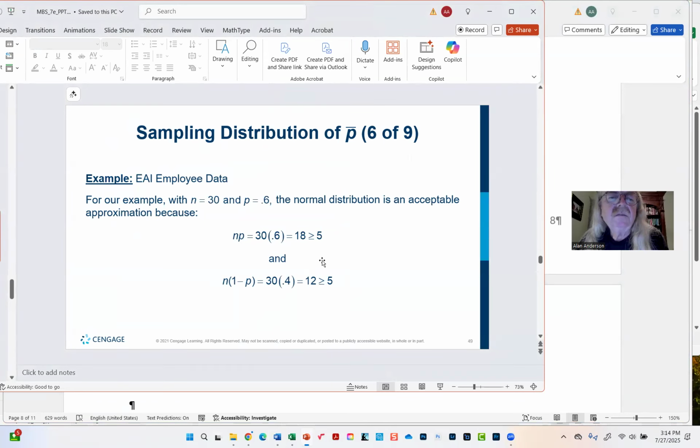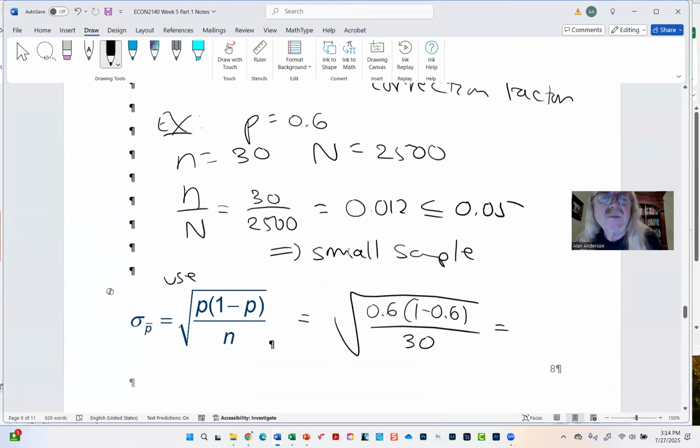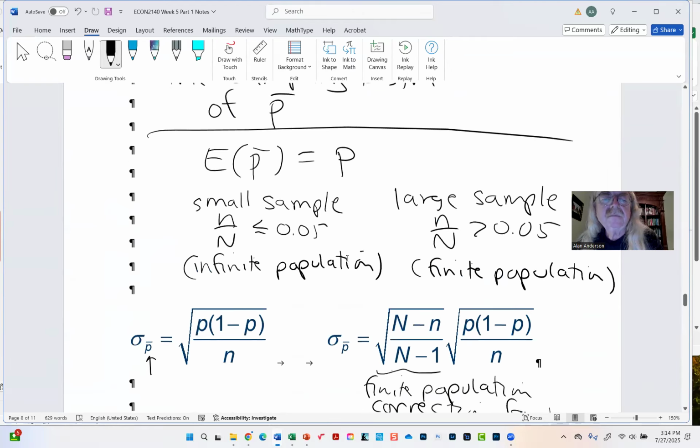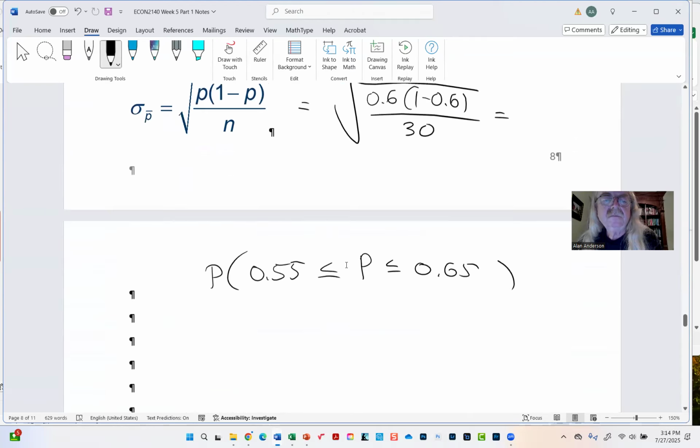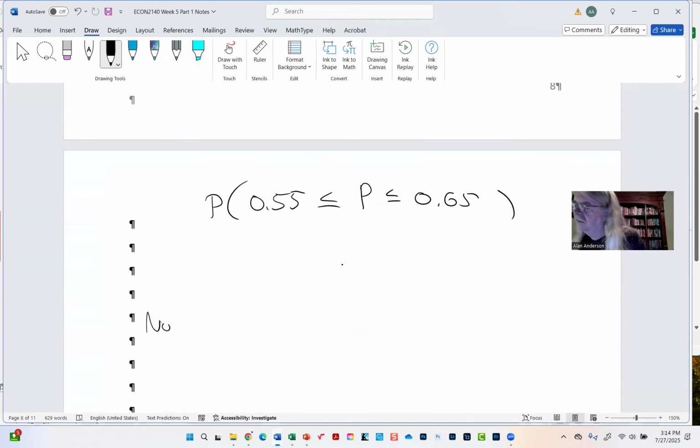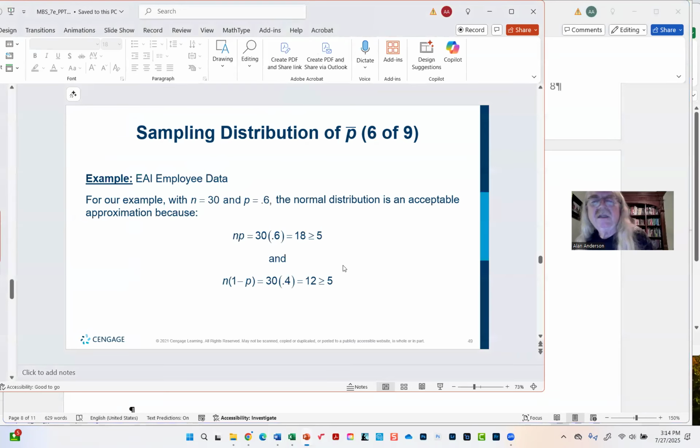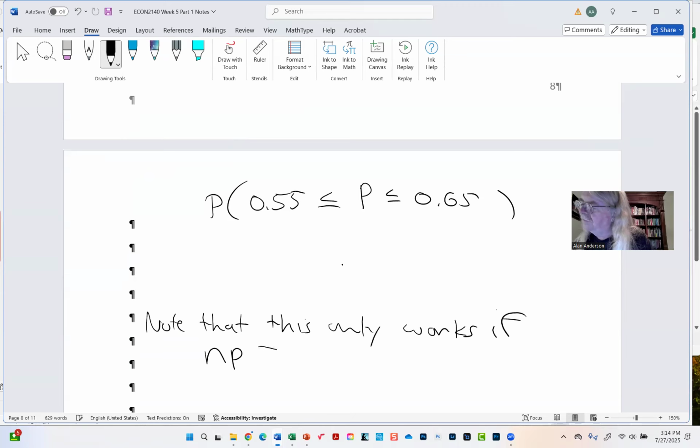You've got to make sure that before you do anything else with the proportions, this only applies to proportions. Let me just sneak this in here somewhere. Note that this only works if NP is at least 5. In this case, it's 30 times 0.6.